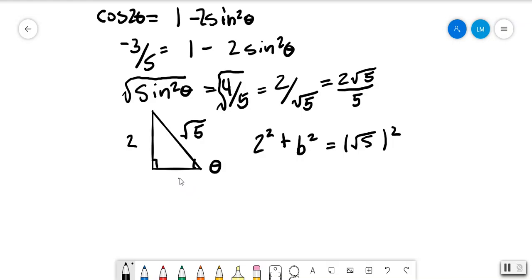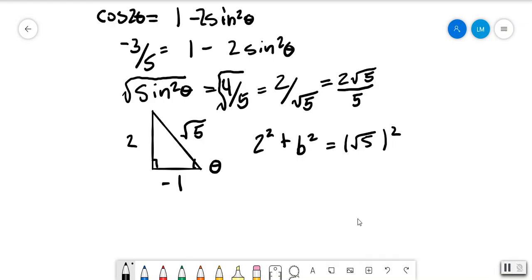So I have that this will be 1, but it's going to be -1 because it's in the second quadrant. Okay, so the next step is that we just need to find what this is going to be.